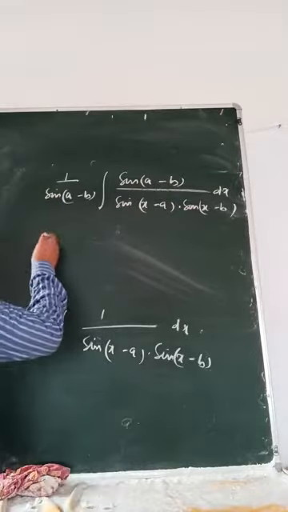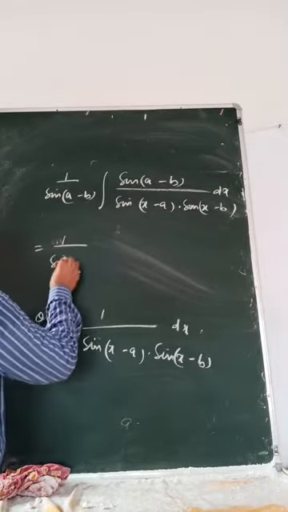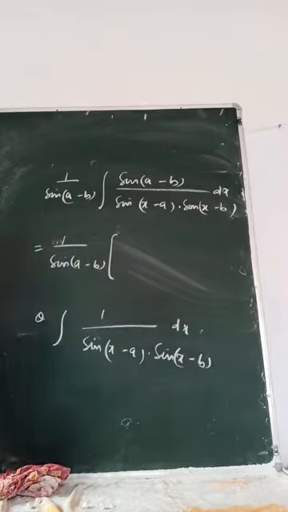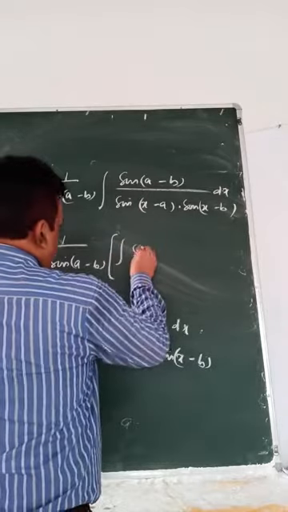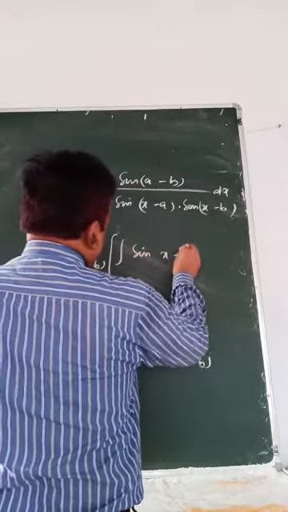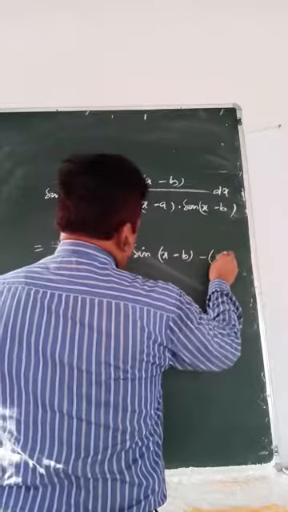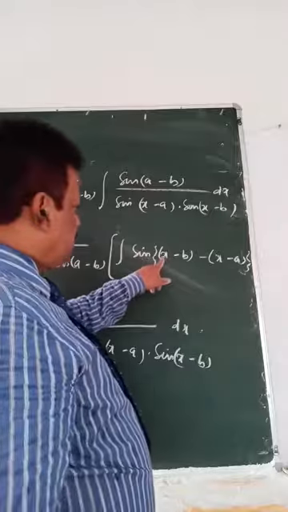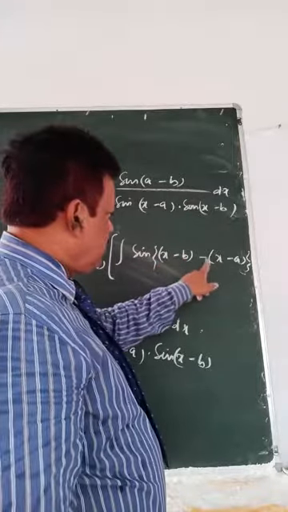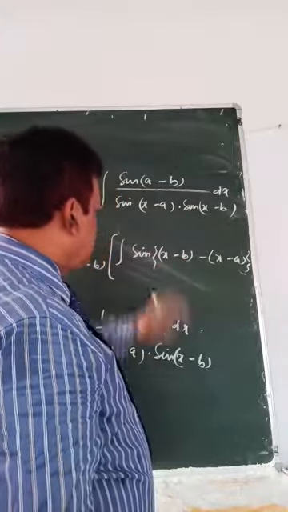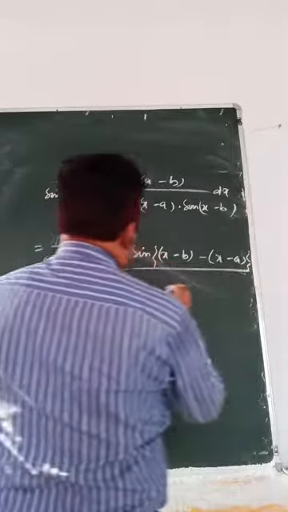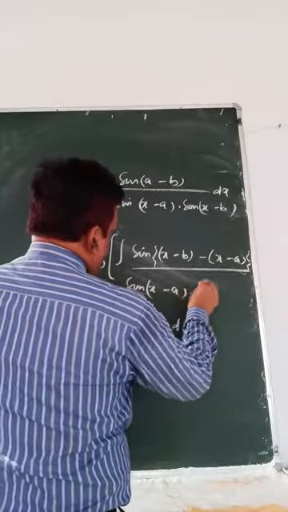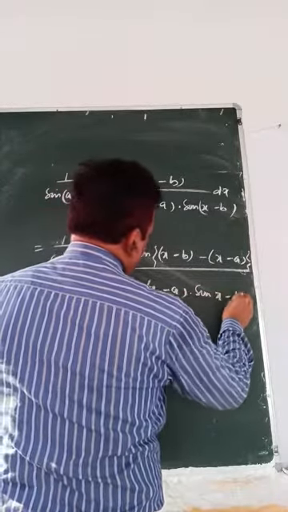So that will be integration sin x minus b minus x minus a. Look at it, got it or not? Sin x cancels, minus minus plus, a minus b. So divided by sin x minus a, sin x minus b.